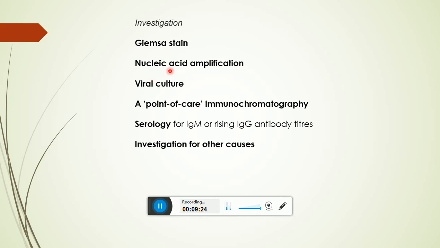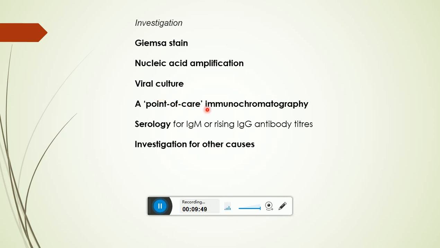Nucleic acid amplification such as PCR is sensitive and specific for viral DNA. Viral culture with isolation is the reference standard but is expensive and fairly slow, taking days to weeks, and requires specific transport media. Sensitivity is variable but specificity is around 100%.